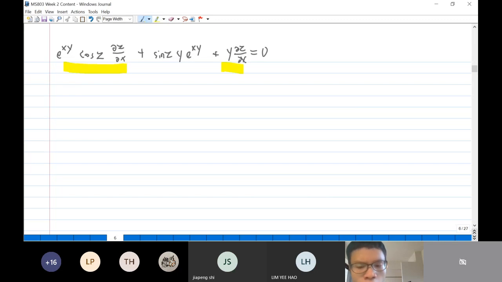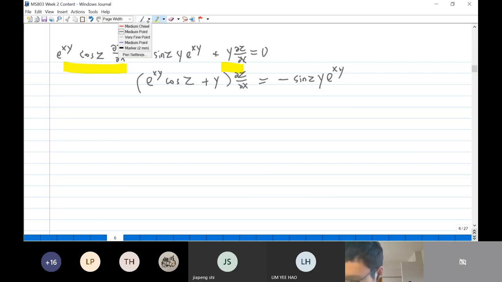So what you get, combine them, you get e^(xy) cosine z plus y, dz/dx is equal to negative sine z, y, e^(xy). Okay, so bring it to the other side. Okay, there's a negative sign.